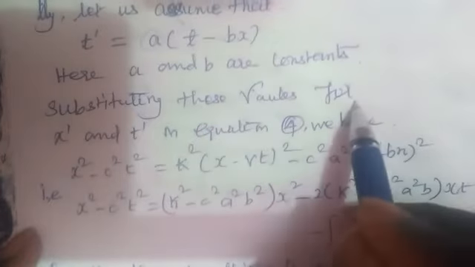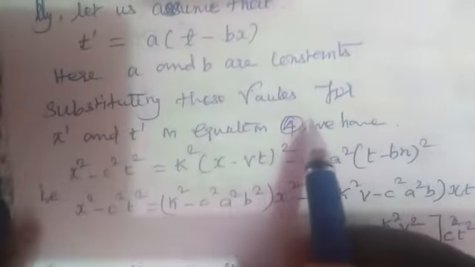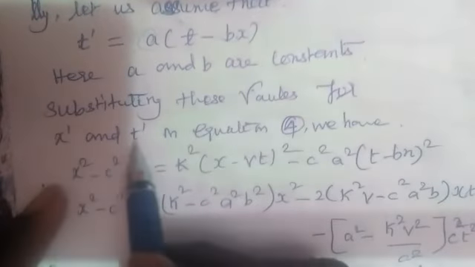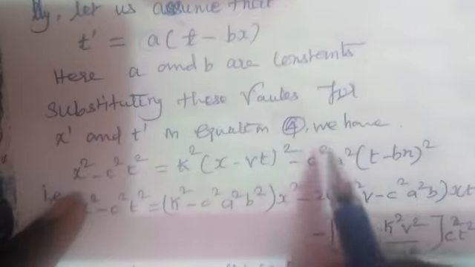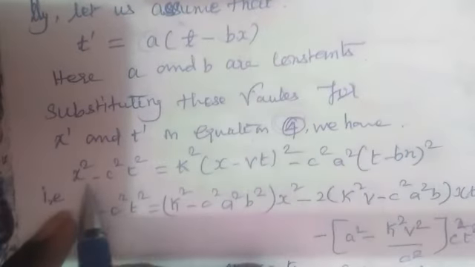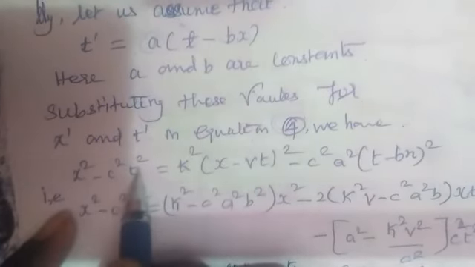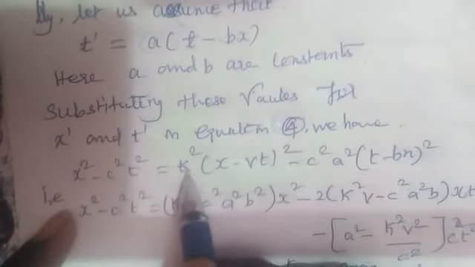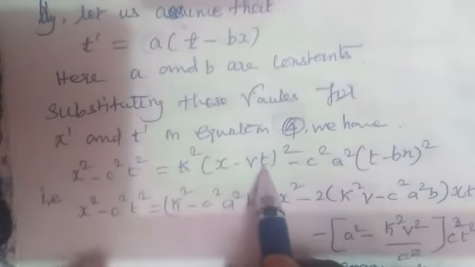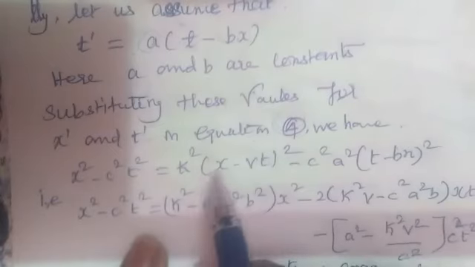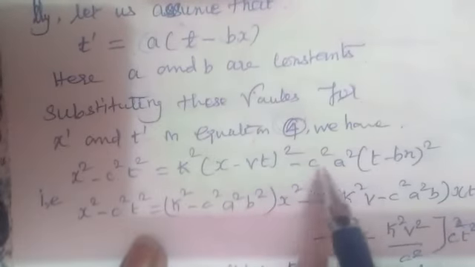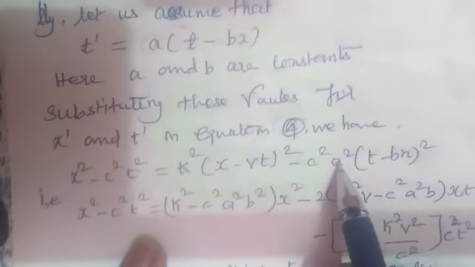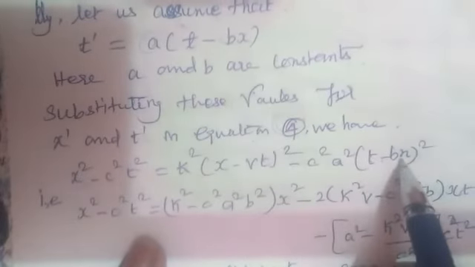Substituting these values for x dash and t dash in equation 4, we have x square minus c square t square is equal to k square into x minus vt whole square minus c square a square into t minus bx whole square.